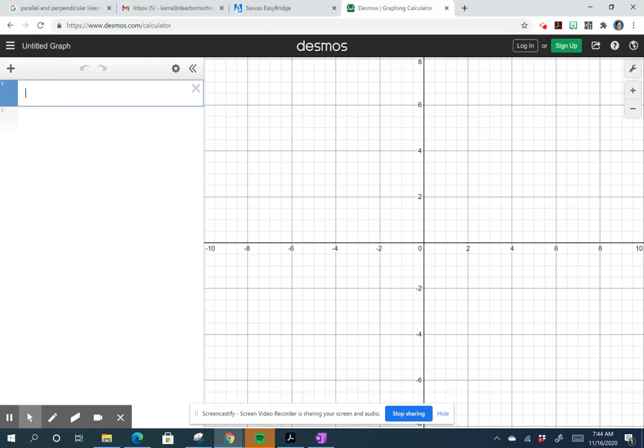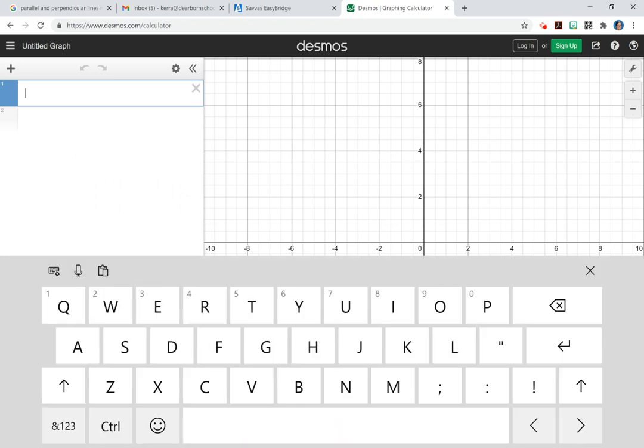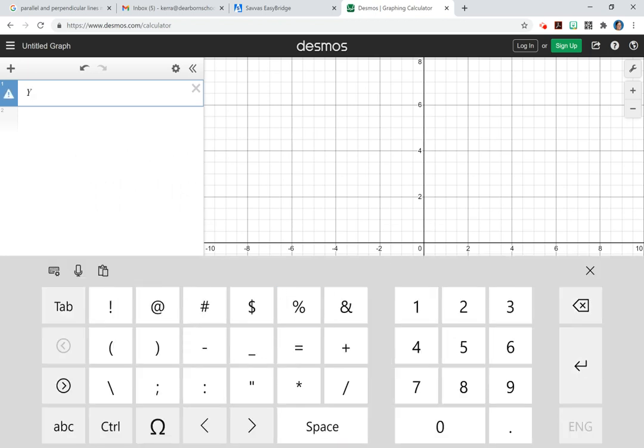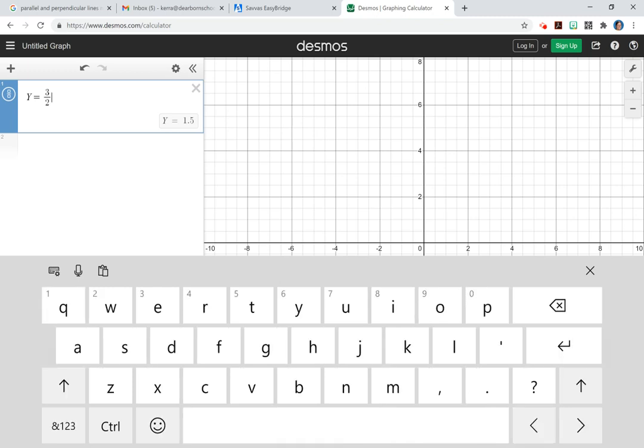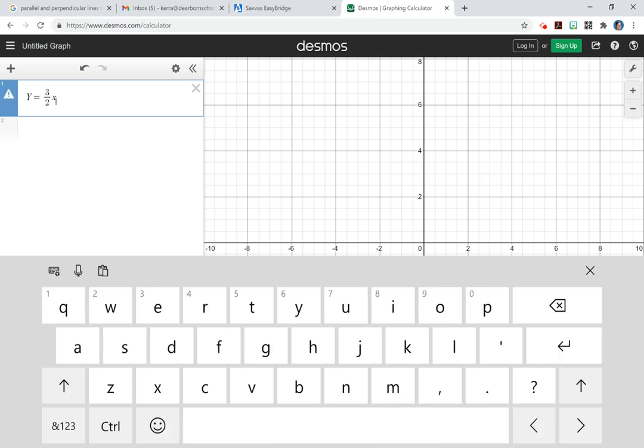So now we have y equals 3 divided by 2, and always make sure the x is on the right hand side, not underneath, x minus 2.